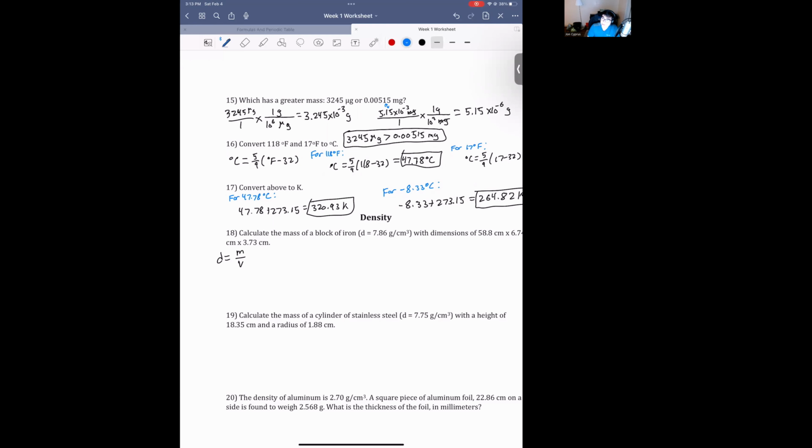Now, just as a heads up, you may often see this density written as that, as a rho. Those often mean the same thing, right? We typically use rho in engineering and physics and higher level chemistry, right? Because D stands for derivative.